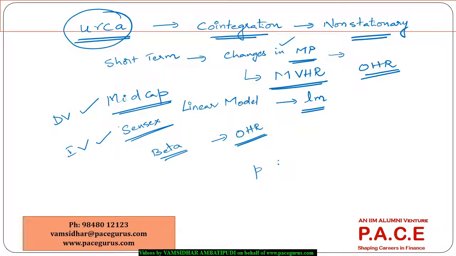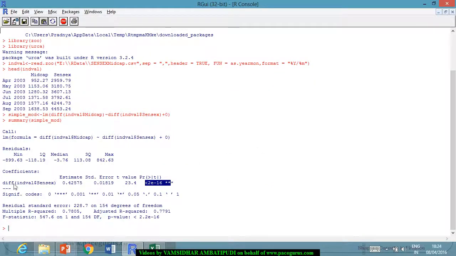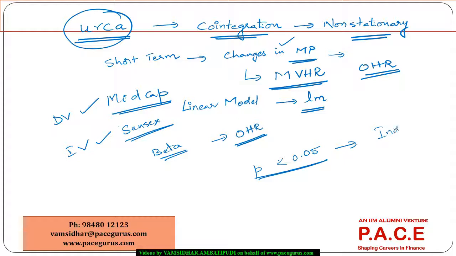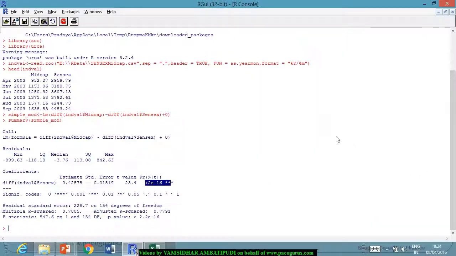So the p-value is much less than 0.05, which actually tells that the independent variable is significant in terms of determining your dependent variable. And whatever is the coefficient that has come out, that is the beta, and beta is nothing but the optimal hedge ratio here, right? So we have got the data out here. So we got a hedge ratio in this example.